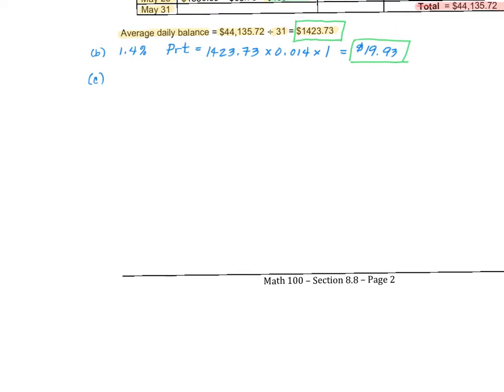So the balance due at the beginning of June would be your ending balance, but you're going to add the interest. So it's the balance that you ended up with plus the interest that you have to pay. So the balance that we ended with was the last balance we computed, let's go back to the table.